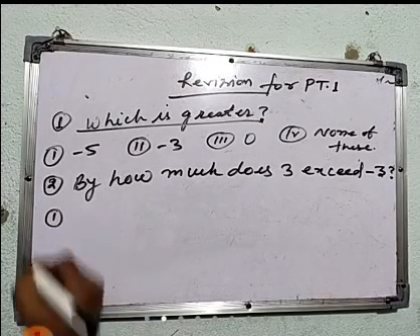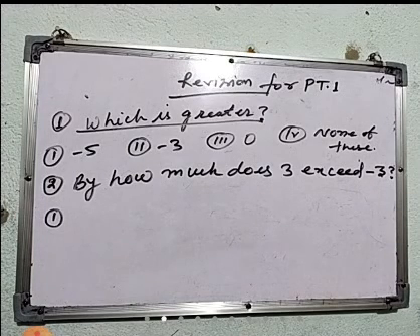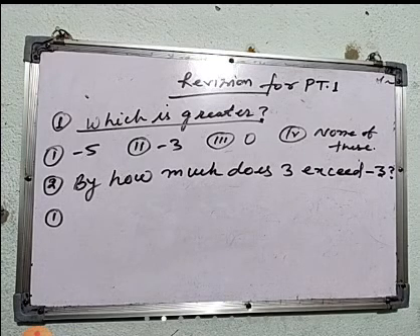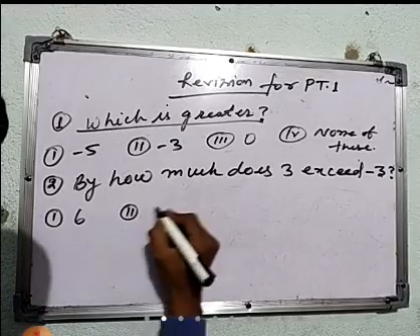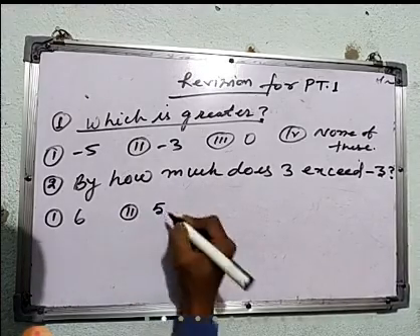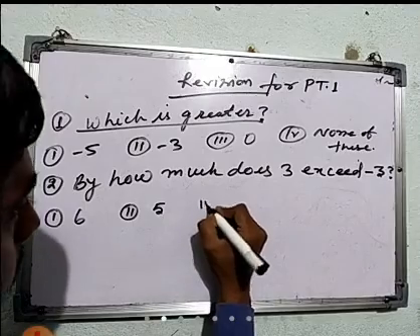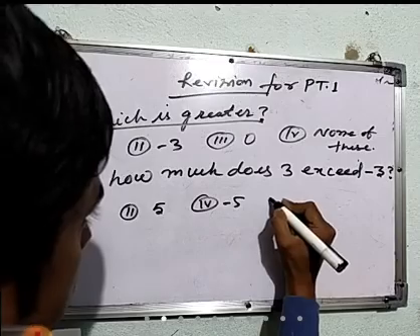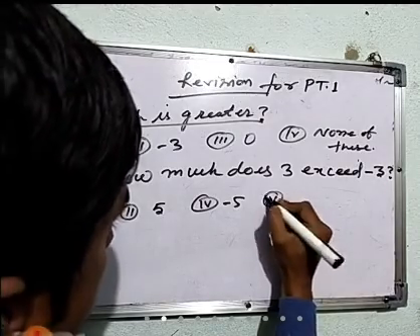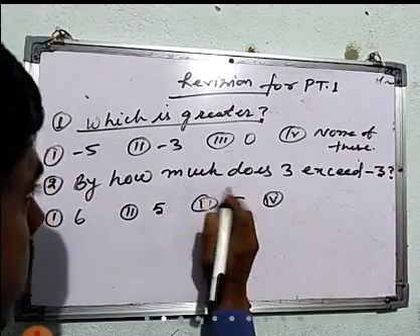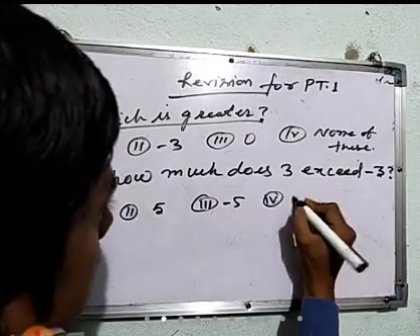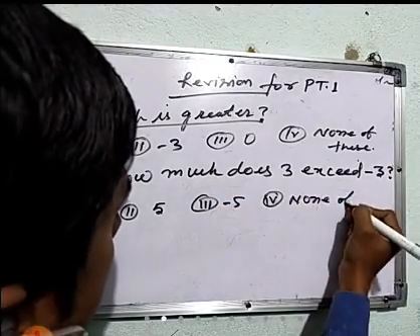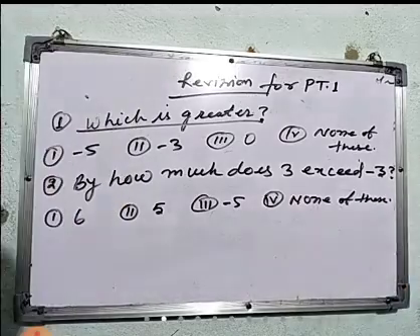Your options are: first 6, second 5, third -5, and fourth none of these.